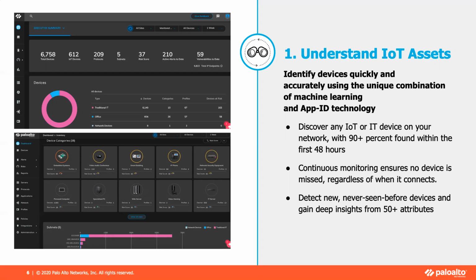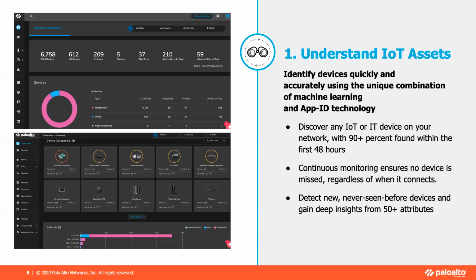Things like security cameras that are almost always on, yeah, we'll find those immediately. If we have something that maybe checks in on a weekly basis, we have to wait to see that check in before we see it. But we continuously monitor and make sure we don't miss devices: new devices connecting, devices that rarely connect, devices that are always on, that sort of thing.